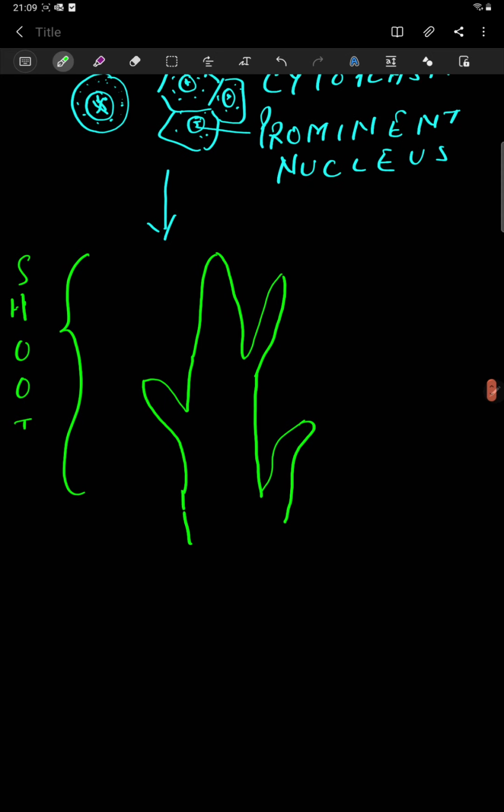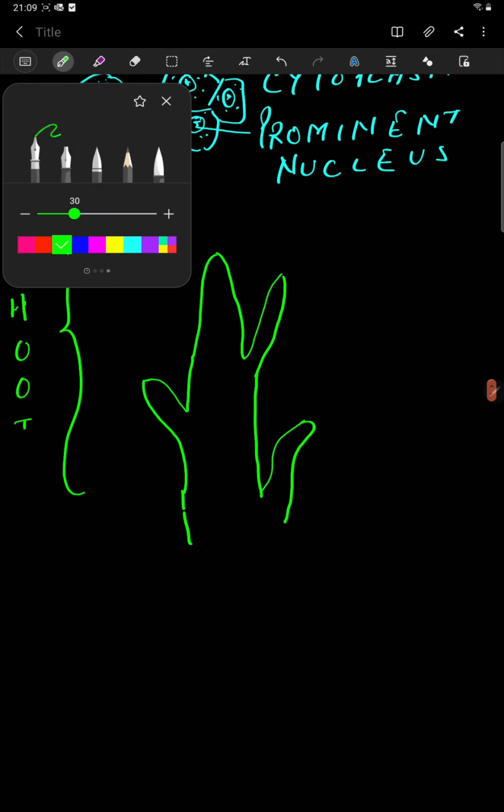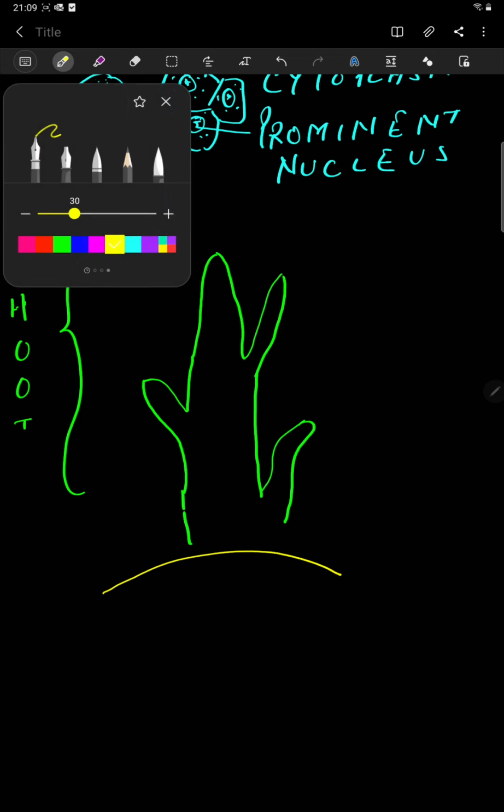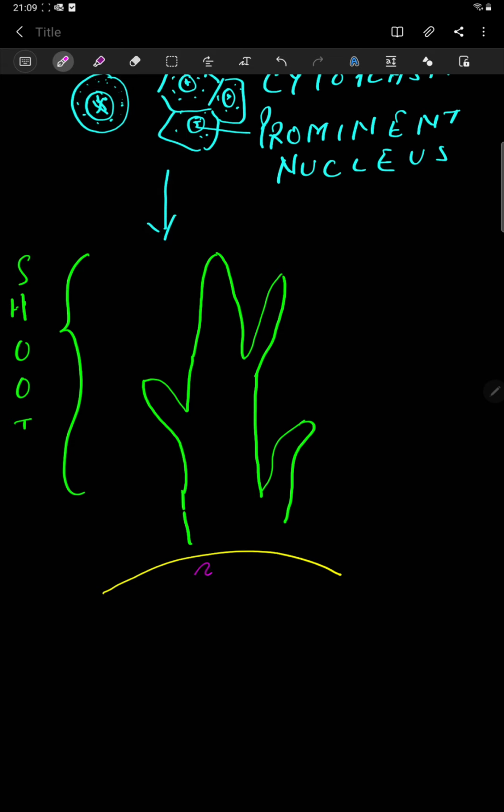And making an imaginary line for the soil. So this is there for the soil, right? And the root is inside the soil. So this is the root. Now, in the shoot part, on each apex, this is the apex, this is apex, this one is also the apex, this one is also apex, and in the root part, this one is the apex.